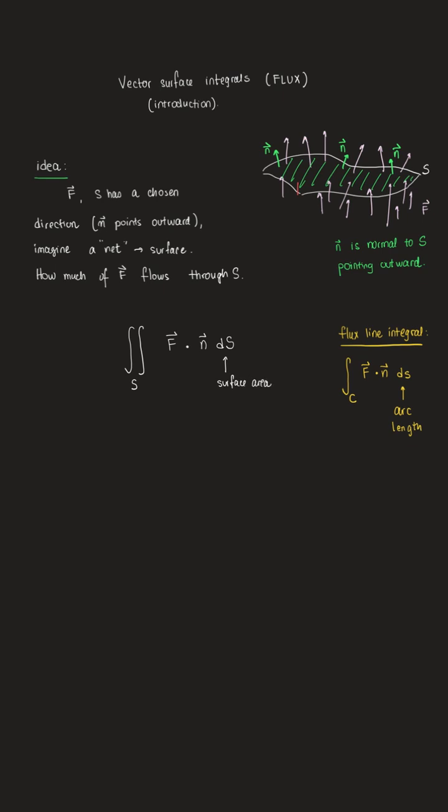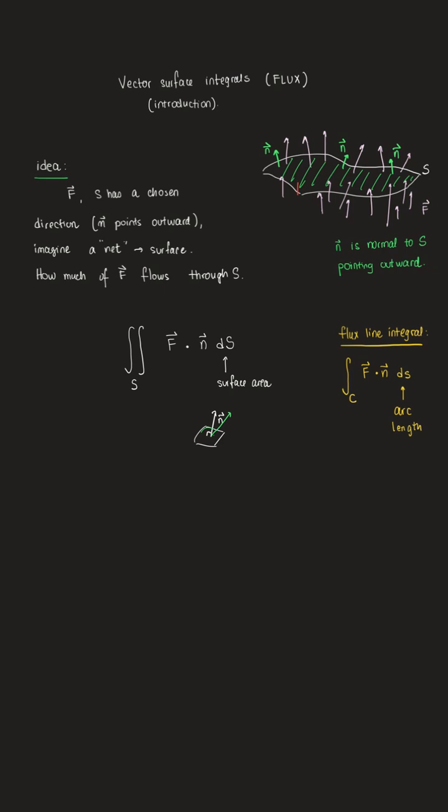Because we're trying to see how much is going through a little patch of surface. Maybe that has this as the normal, and our vector field looks like this on that surface, but we want to know, as this little area gets smaller and smaller, how close are our vectors from the vector field to the normals on the surface. So that's what we're trying to measure.